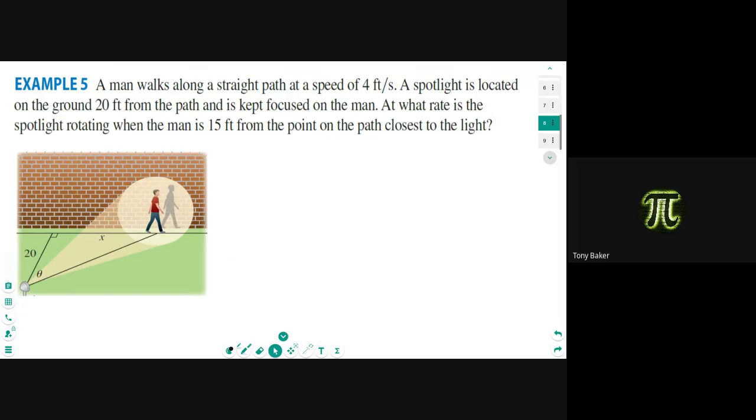So up till now, we've done pretty much Pythagorean theorem problems, a couple volume problems. This problem is a trig problem, because we're going to be looking for the angle that the spotlight is rotating.